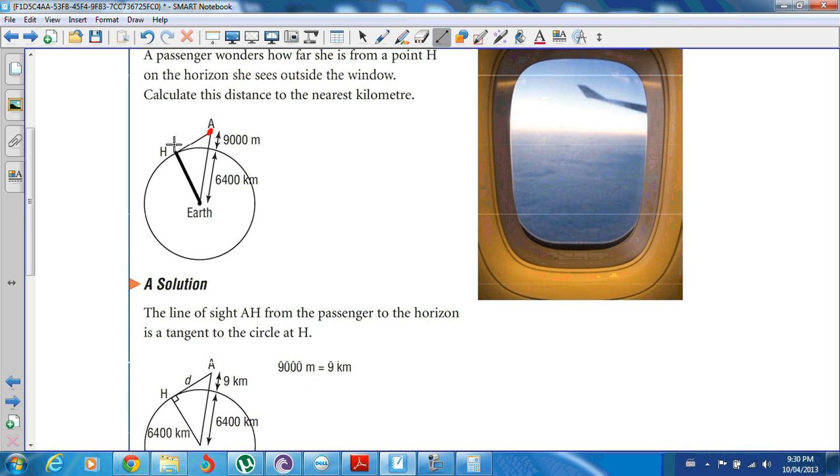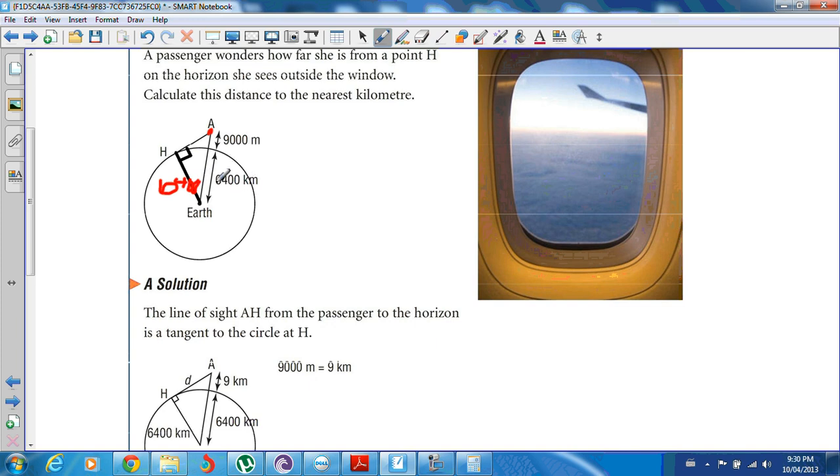So we know where that meets the radius is going to be a lovely 90-degree angle right there. Now the only thing we have left to do, since we know this distance from here to here is 6,400, then it's the same over here, because it's the same line. It's part of the radius. So this is 6,400 for this line here.